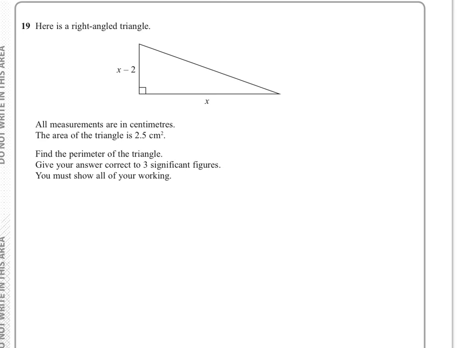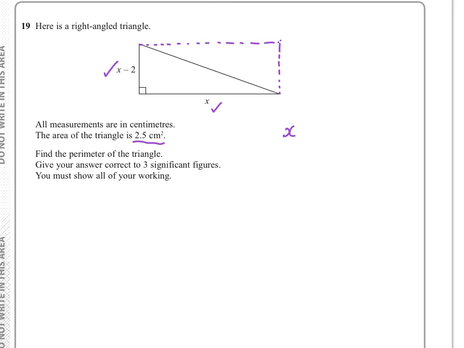Question 19. Here you have a right angled triangle and its perpendicular height is given as x minus 2 and its base is given as x. It says the area of the triangle is 2.5 centimetre squares. So, for those that are not really sure on the area of a triangle, a nice quick way in this situation is you should know what the area of that rectangle is.